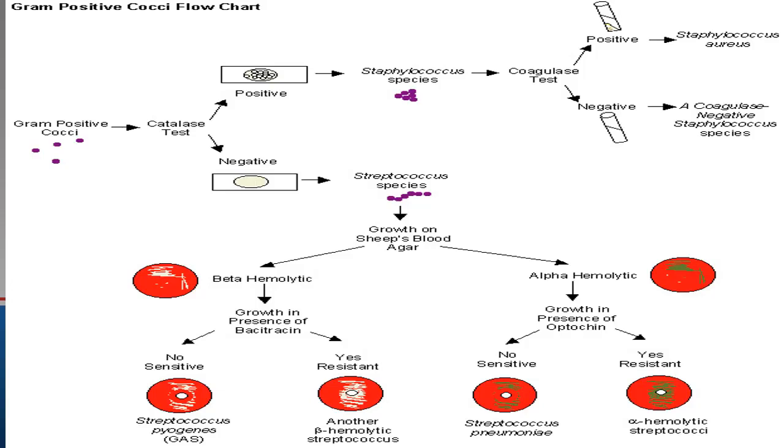Cocci we classify into staphylococci and streptococci, which depends on the result of the catalase test. Catalase positive is the staphylococcus, and catalase negative is the streptococcus. Staphylococci can be divided into 2 types according to coagulase: coagulase positive Staphylococcus aureus, or coagulase negative Staphylococcus epidermidis and Staphylococcus saprophyticus.